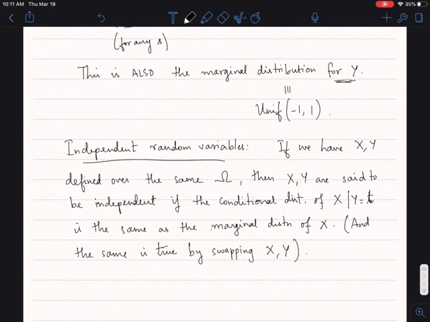If you have this property, then the random variables x and y are said to be independent.